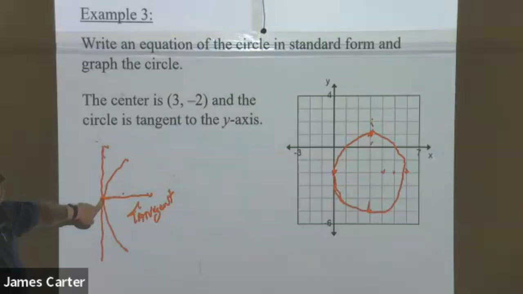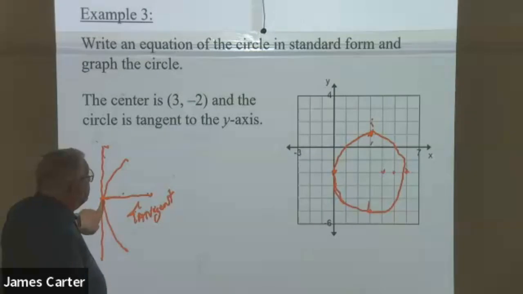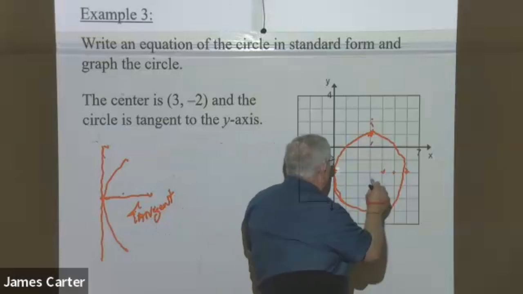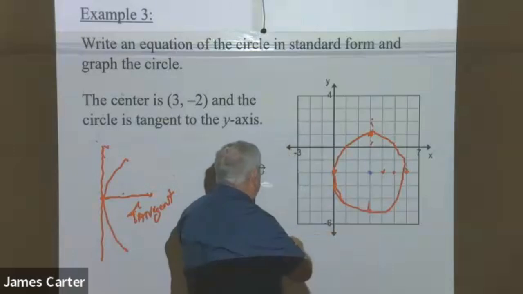Okay? So, in this case, it says the center is 0.32. Well, 1, 2, 3, and down 1, 2, right there. Let me put it in. Okay.